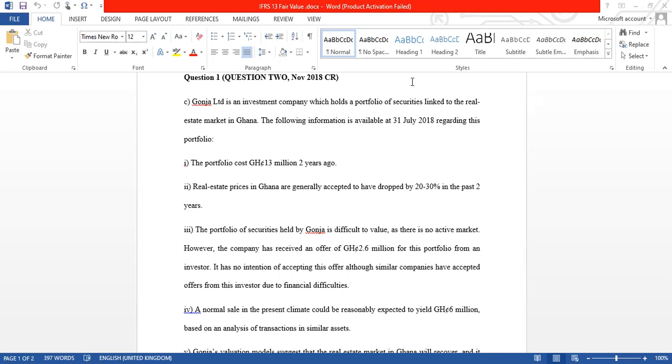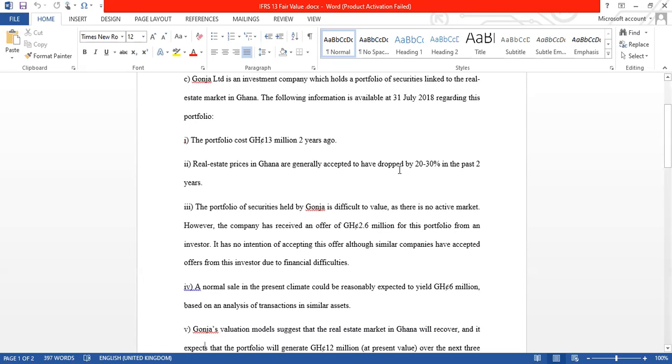All right. So we have Gonja Limited. It's an investment company which holds a portfolio of securities linked with the real estate market in Ghana. The following information is available on 31st July 2018 regarding this portfolio. And watch this. It says that the portfolio cost 30 million 2 years ago. If I were you, I'll put that one down.